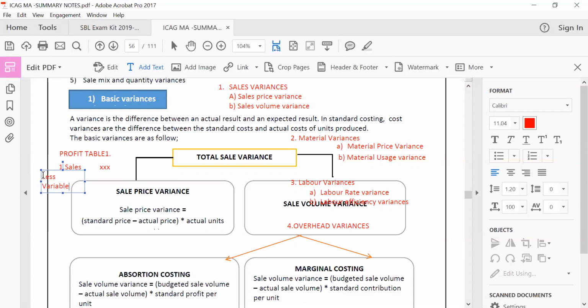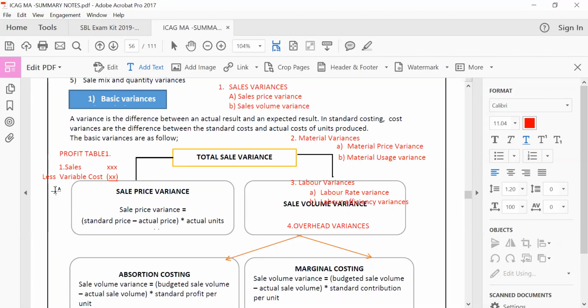Variable cost is taken out. Then after getting the variable cost, the next thing is to look at the contribution.